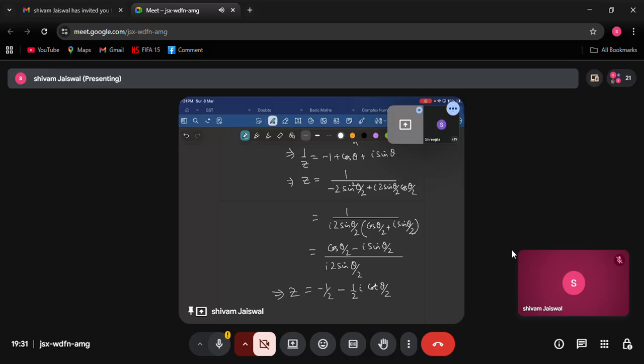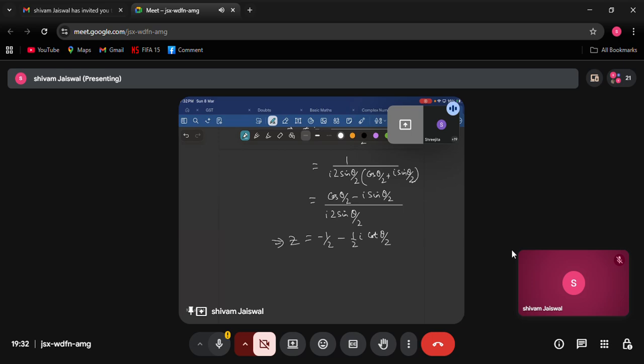Minus i cot theta by 2, because you have to rationalize it also. It is divided by iota, so it is plus 1 by iota. When you rationalize it, you will get minus iota.